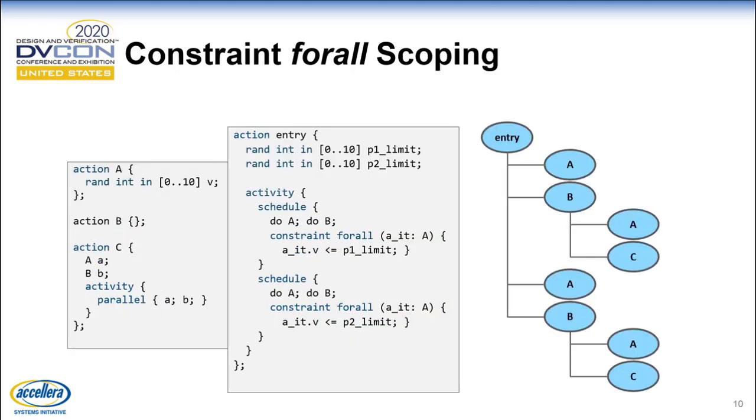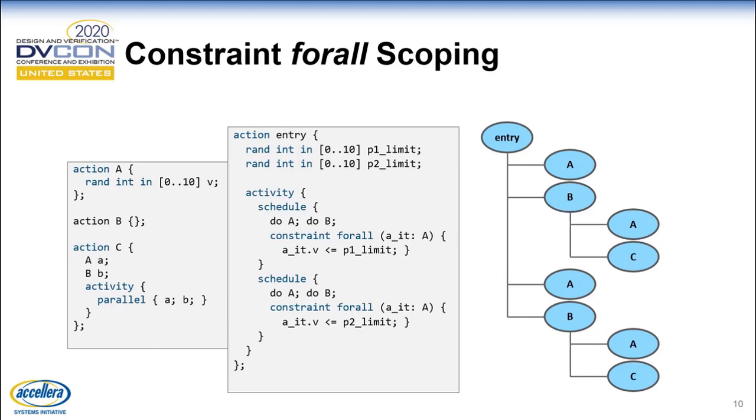A word about the for all scoping. I think it's important for the purpose of applications. Again, imagine a higher level action where there's a sequence scheduling an A and a B, and then again scheduling an A and a B. My point is that you can put a for all constraint in different scopes to direct that part of the activity in some other way. So I have here two limits, right? The limit for phase 1 and the limit for phase 2, right?